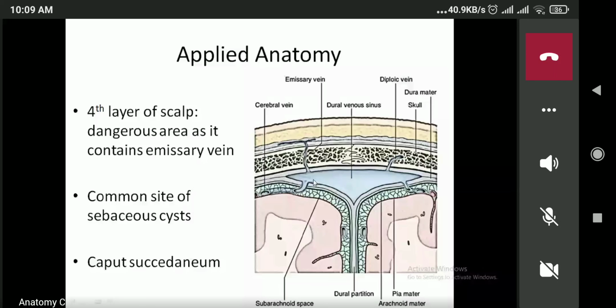As the skin of the scalp consists of numerous sebaceous glands, the scalp is one of the common sites of sebaceous cyst formation. Another important condition is caput succedaneum, where a portion of the scalp of a newborn is edematous. This occurs because of interference in venous return.